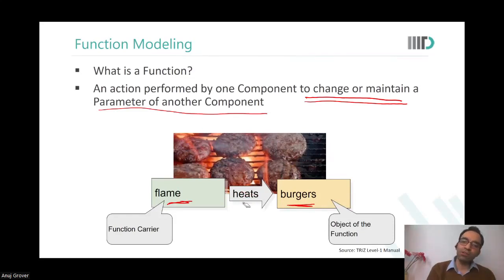So what parameter of the burgers has the flame changed? The temperature. So flame heats burgers is a function, where flame, which is the actor, is called function carrier, and burgers would be object of the function, the component whose parameter has been modified or maintained.